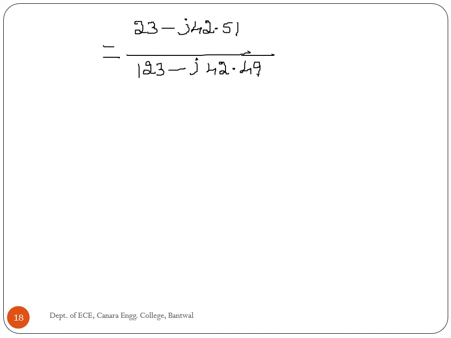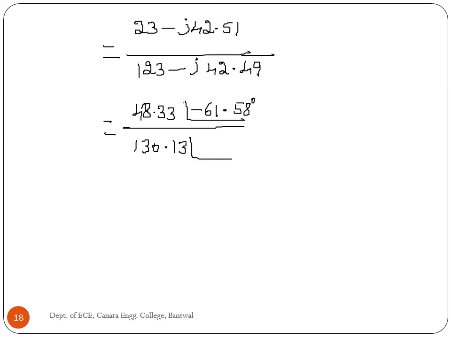Now convert rectangular form to polar form. In the numerator we will get 48.33 angle minus 61.58 degree. In the denominator, 130.13 angle minus 19.06 degree.